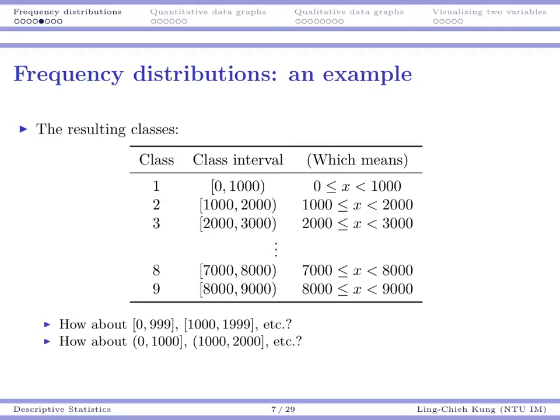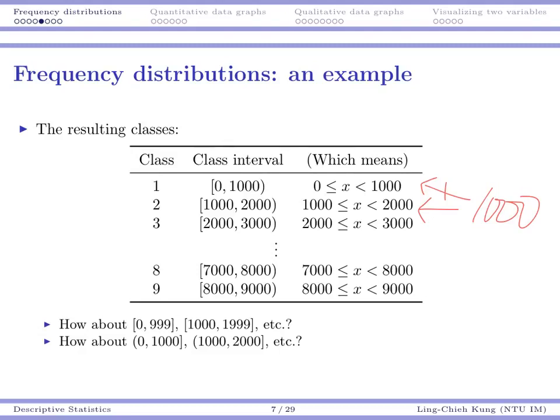So when you describe your first interval as an open set at the right hand side, then the second interval must include the left endpoint, which is 1000. So that means we are giving a very precise definition of our class intervals. You know when a number is 1000, which class it goes to. When a number is 1000, it goes to the second class, not the first class.